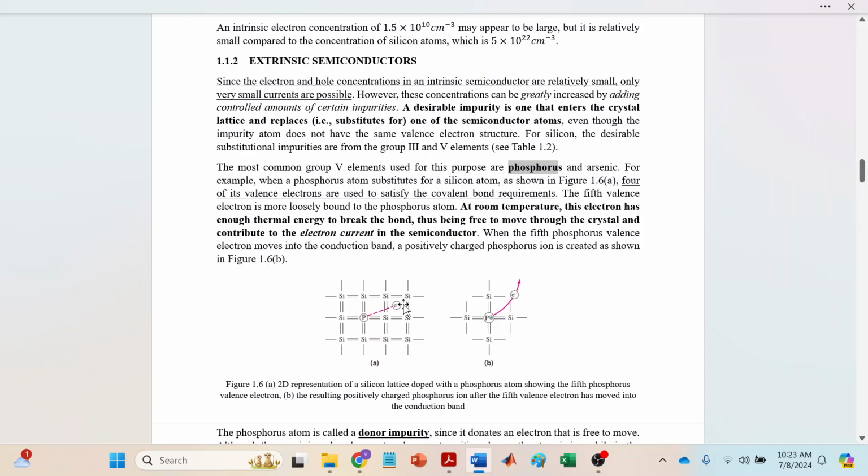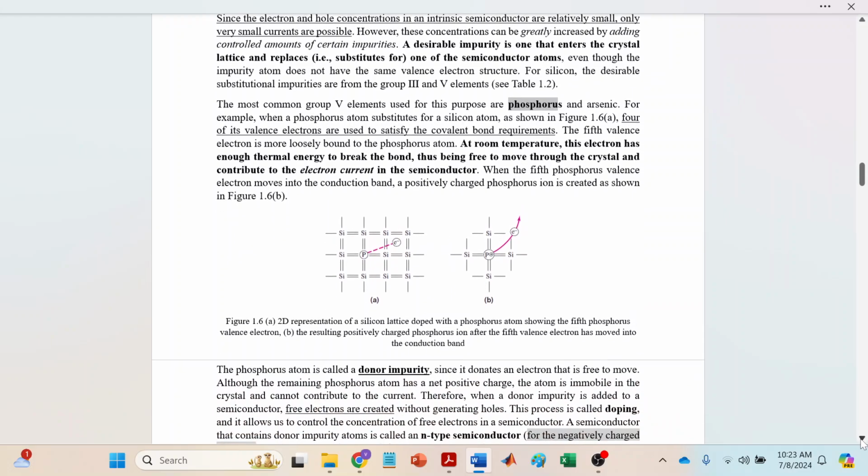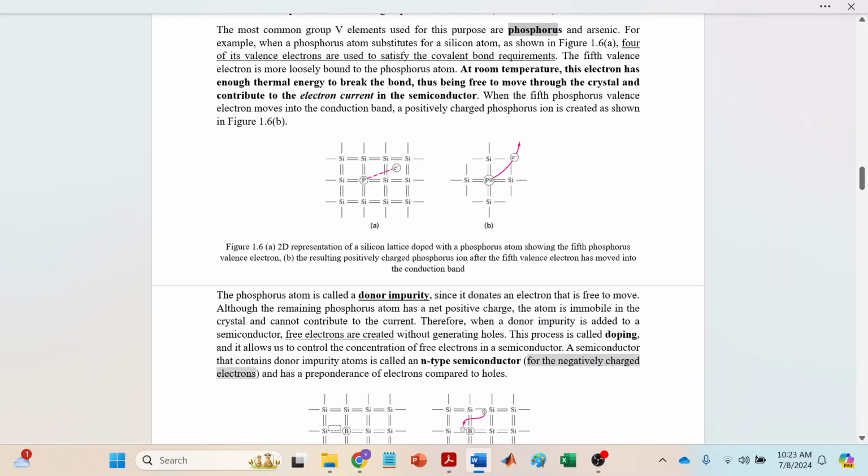So this phosphorus atom is called a donor impurity, because it donates an electron that is free to move and that contributes to current.